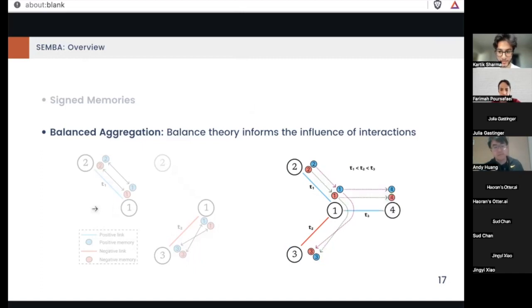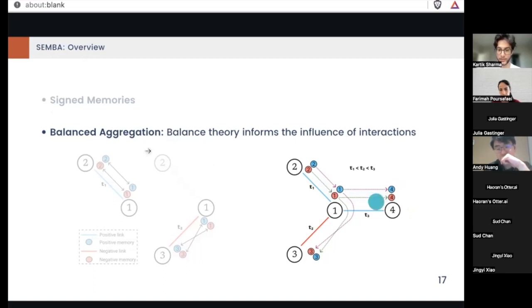And similarly, if we now take another timestamp T3, then we can see that the positive memory of node 1 would influence the positive memory of node 4. And therefore, indirectly, the positive memory of node 2 influences the positive memory of node 4. And here also, node 2 and node 4 have a friend of a friend kind of relationship.